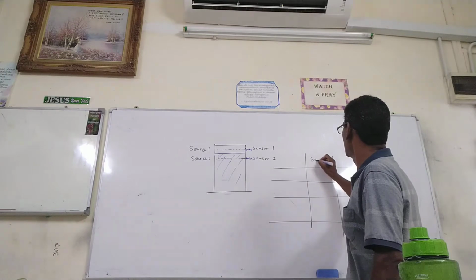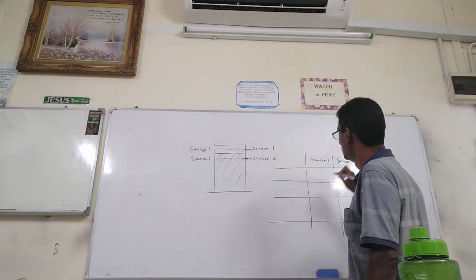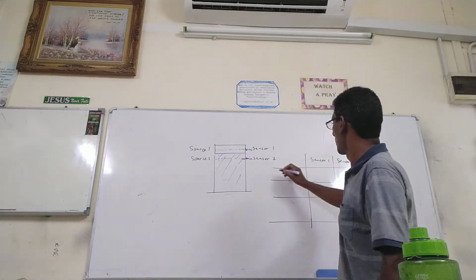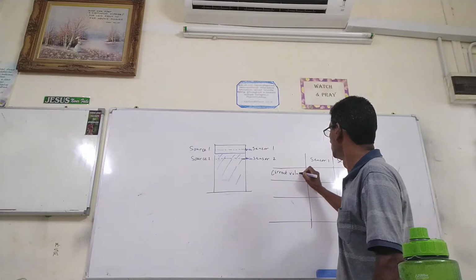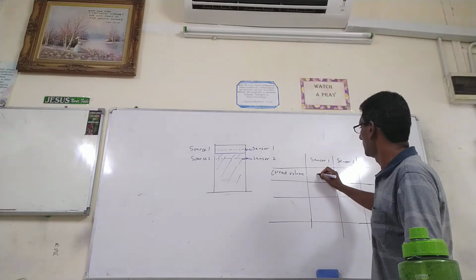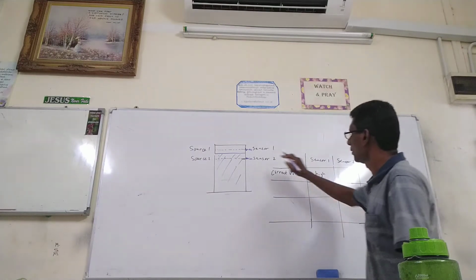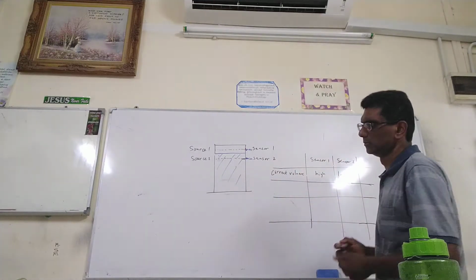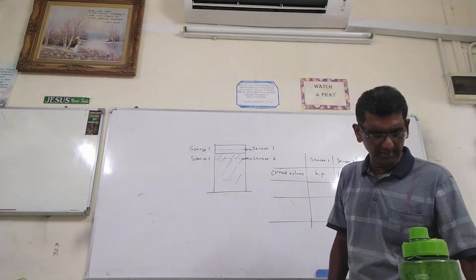This is sensor 1, this is sensor 2. Correct volume: sensor 1 is high and sensor 2 is low. Please listen to me.